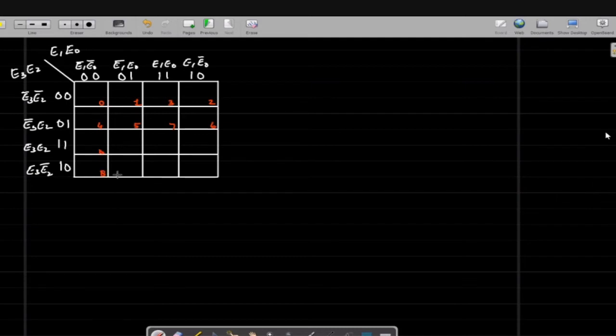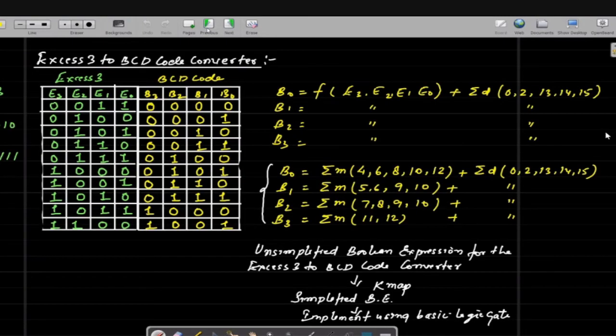This is 8, 9, 10, 11, 12, 13, 14 and 15.